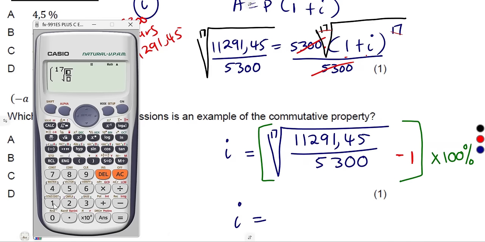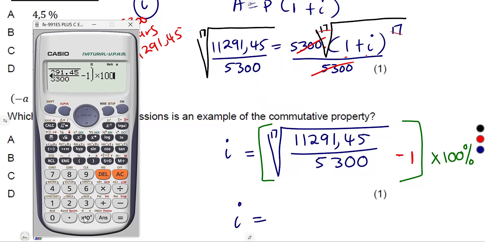Let's insert our values: 11291.45, everything over 5,300. So this is it. Then move aside again, then subtract 1, and close that bracket. It was the one that we opened before, so we must close it at the end.